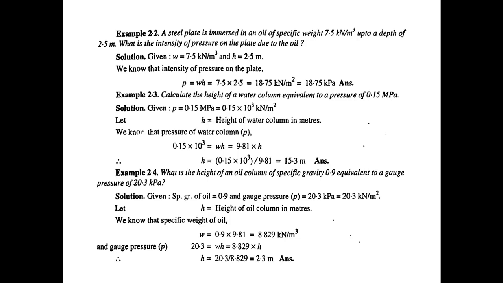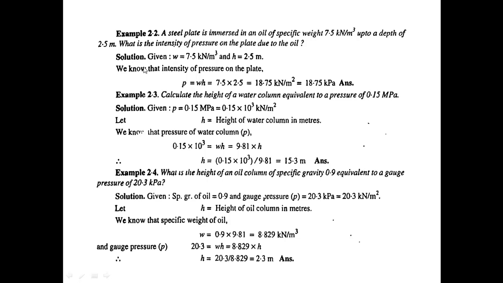In example 2.2, the specific weight of oil is given, which is 7.5 kilonewton per cubic meter, and a steel plate is immersed in this oil up to a depth of 2.5 meter. We have to find the intensity of pressure on the plate due to the oil.